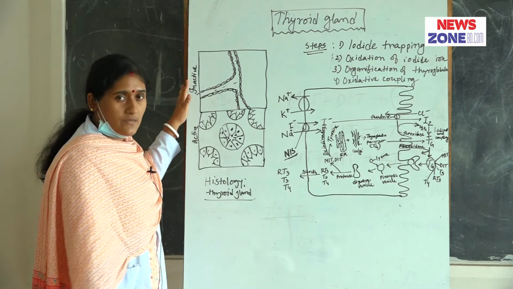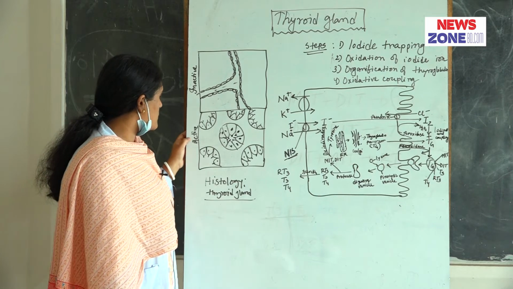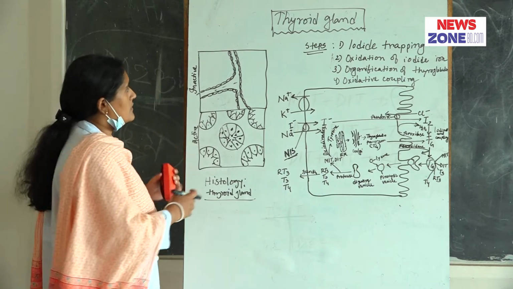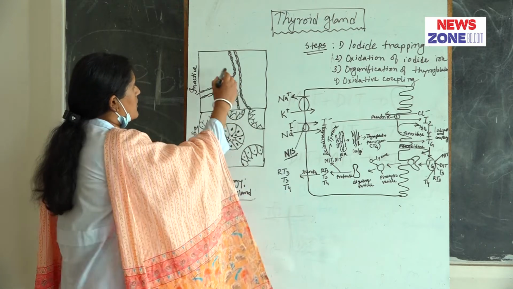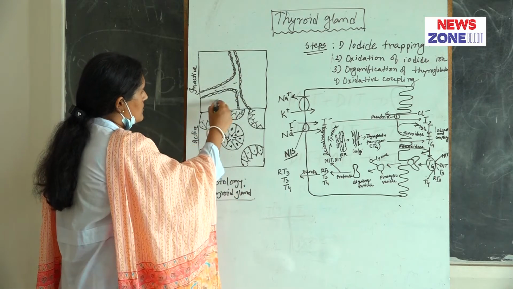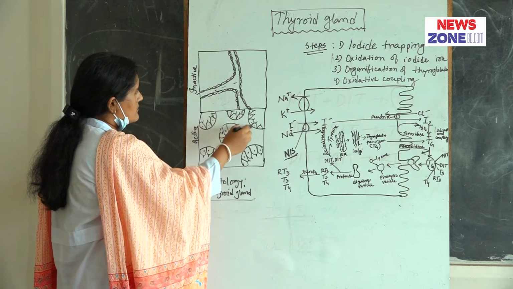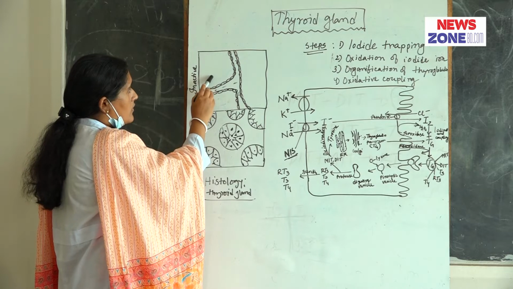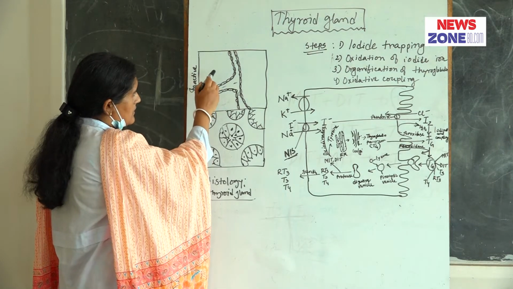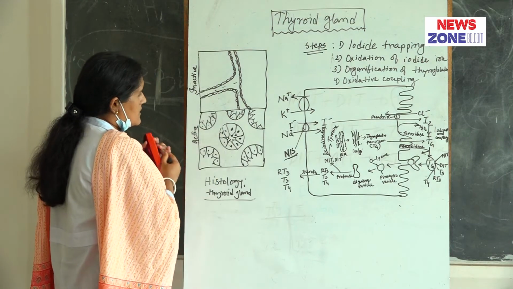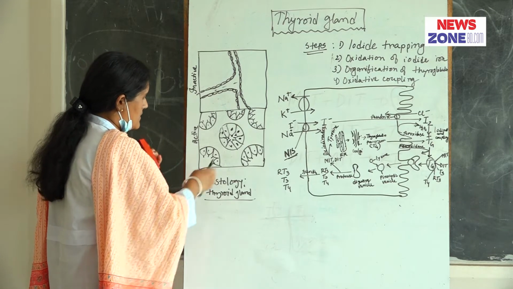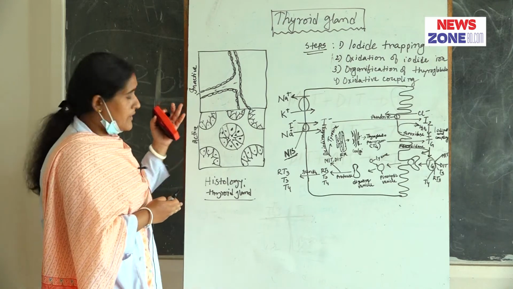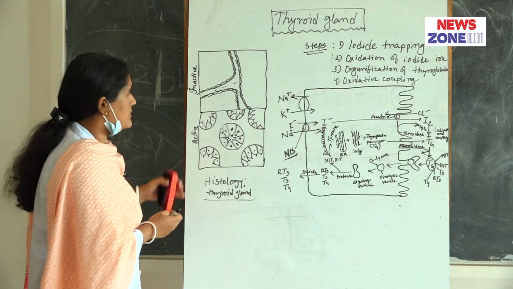This figure shows the inactive stage of the thyroid gland, and this figure shows the active stage. This is a follicle, this is a follicle, and the follicle contains colloid. Now I will tell the difference between the active stage and inactive stage of the thyroid gland histologically.